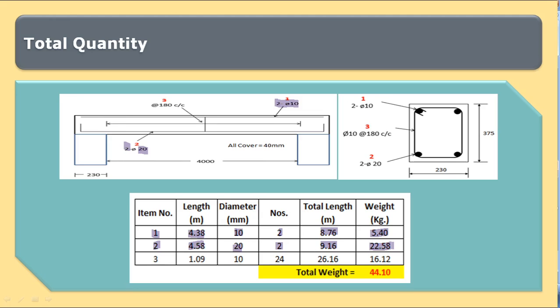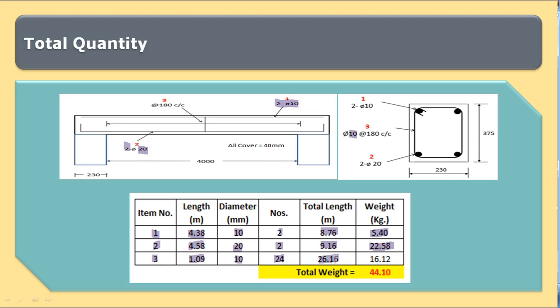Similarly, we'll calculate the weight of steel reinforcement in item 3. The length of a single stirrup is 1.09 meter. The diameter of stirrup reinforcement is 10 mm. The number of stirrups used in this beam is 24. So the total length of the stirrup reinforcement is 24 into 1.09, which is equal to 26.16.